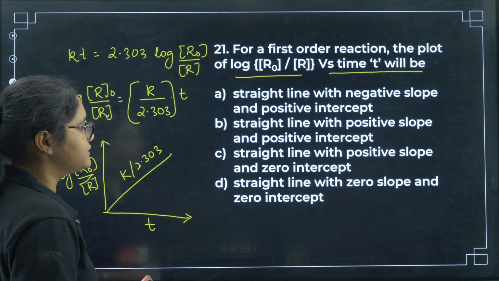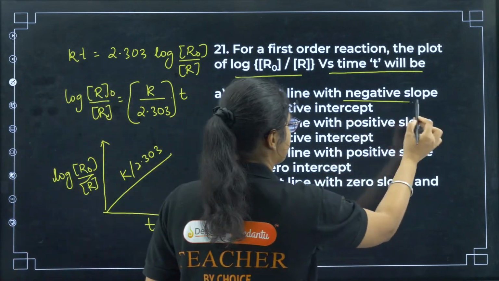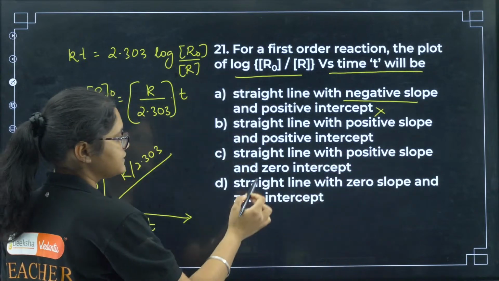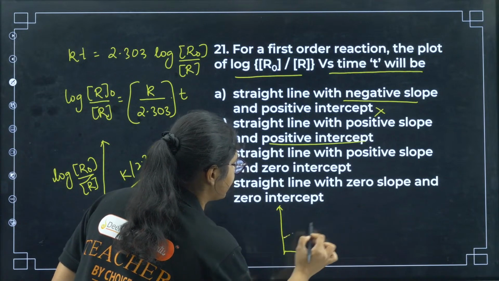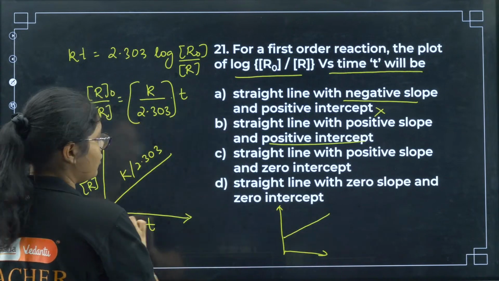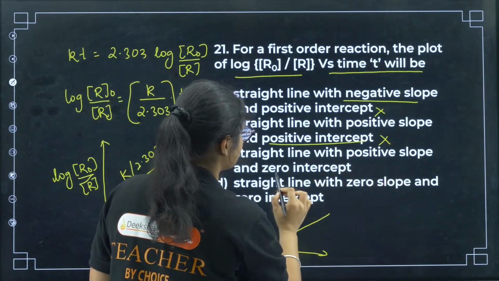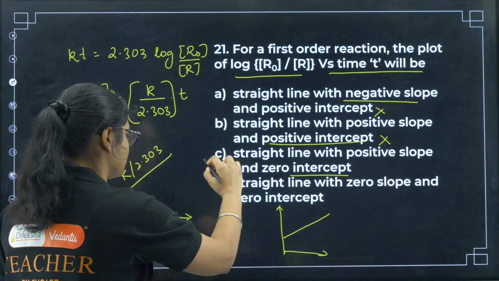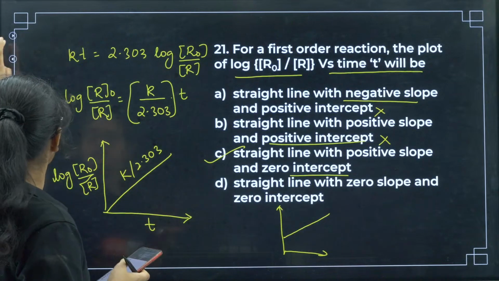Is it a straight line with negative slope? No, it is a positive slope, so we can eliminate this option. Straight line with positive slope and positive intercept: a positive intercept means the graph should be like this, but here there is no intercept, so this is also incorrect. Straight line with positive slope and zero intercept, so option C is the correct answer. Yes, all of you are correct here.